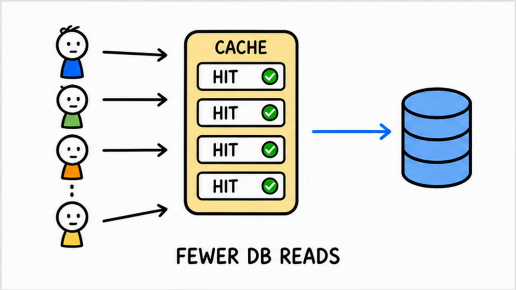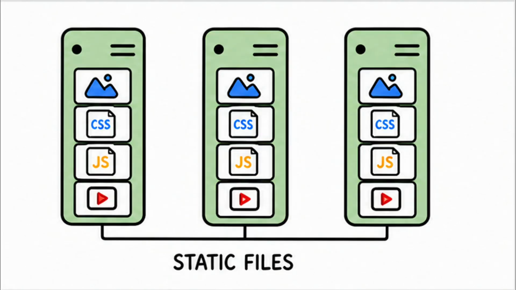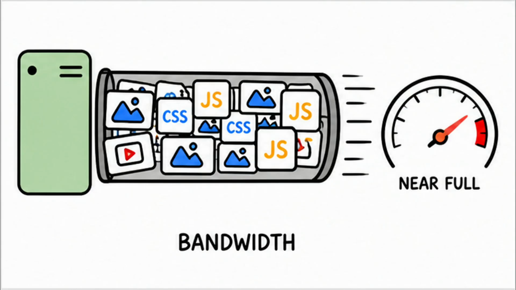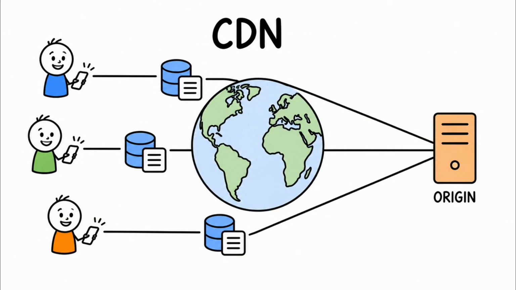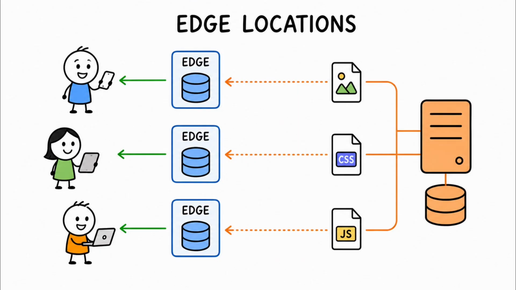That cache reduces repeated database reads, but the web servers still deliver every image, style sheet, script, and video. As traffic grows, transferring these larger static files consumes bandwidth and slows delivery to users who are far from the servers. A content delivery network, or CDN, addresses both problems by caching copies of those files at edge locations, closer to users.